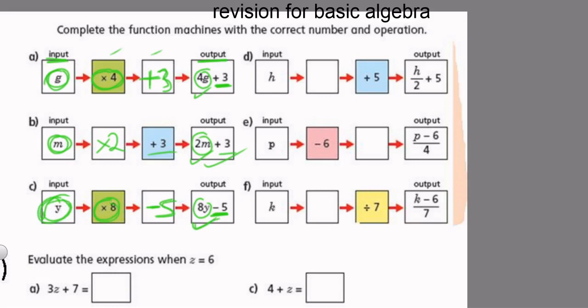Question D. Something happens to the h to become h over 2. So it must have been divide by 2. And then you're adding on 5, which is right there, add 5, done. Here you got p take away 6, which is over here, and then underneath it you got divide by 4 right there.